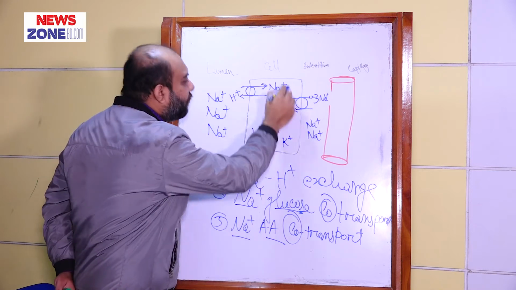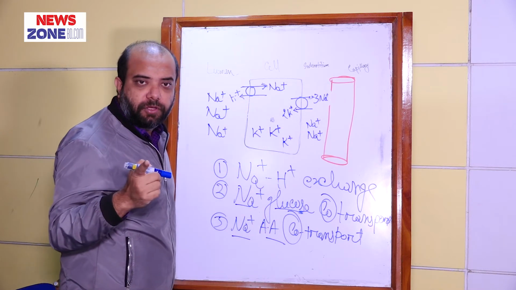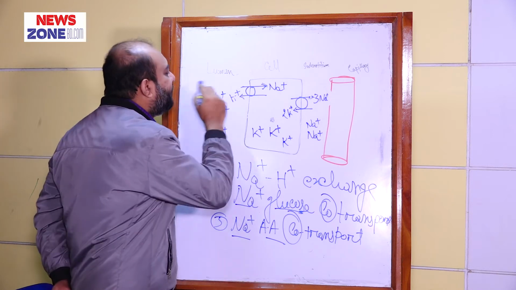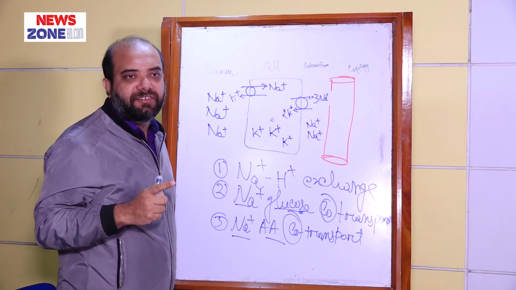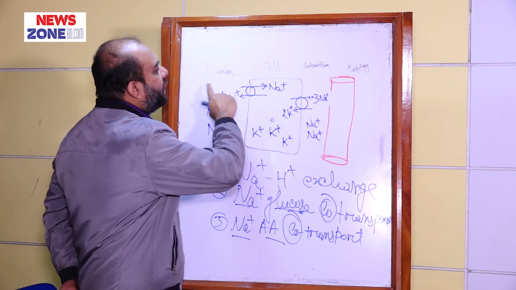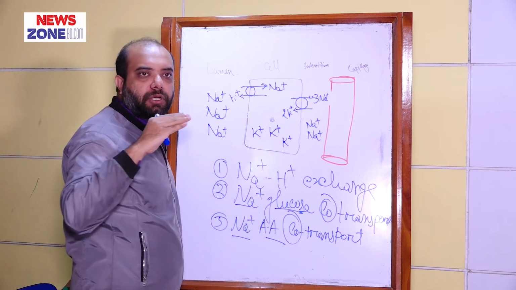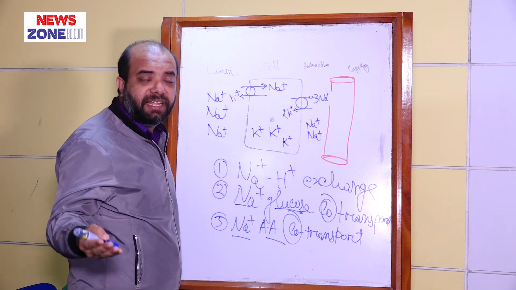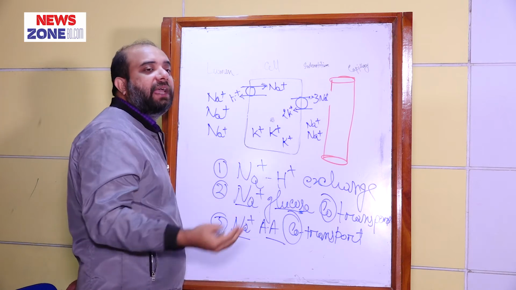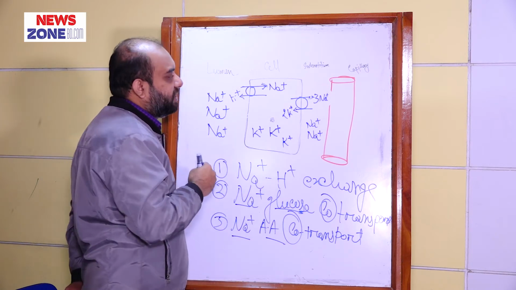So it is obviously what kind of transport system? It is obviously a secondary active transport system, in which one substance is going towards the concentration gradient and another substance is going against the concentration gradient.